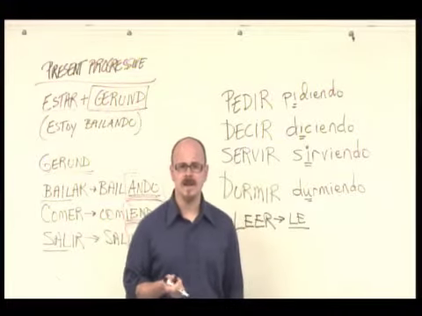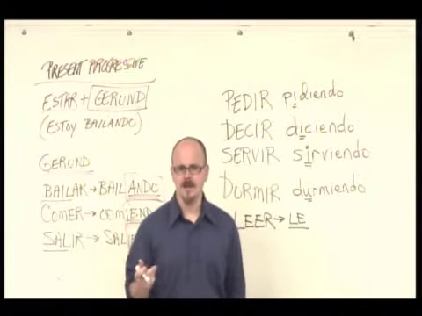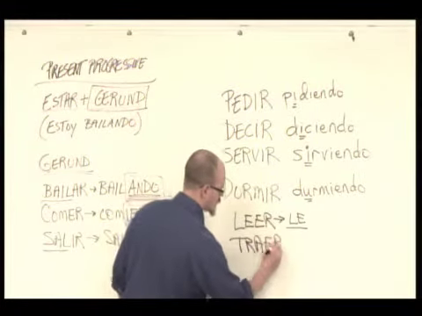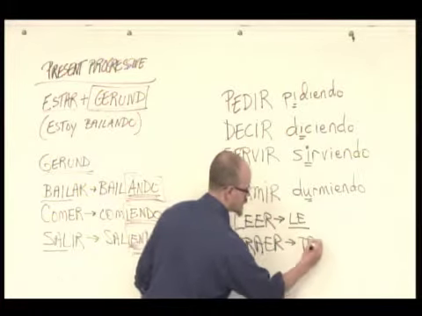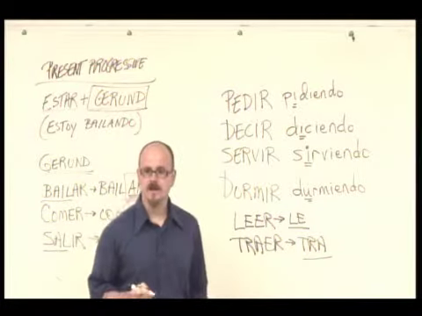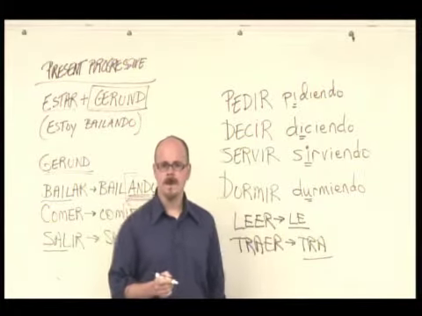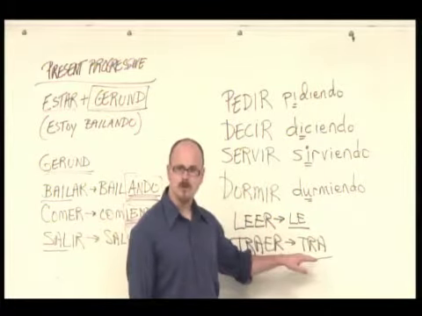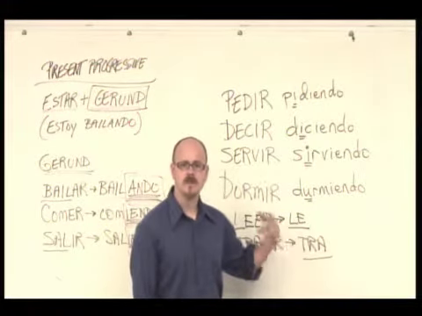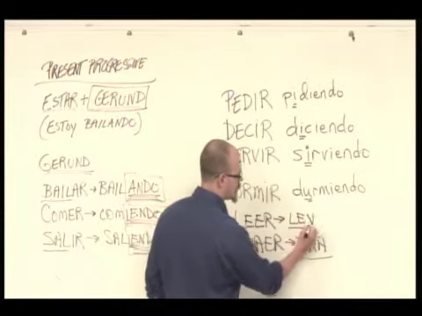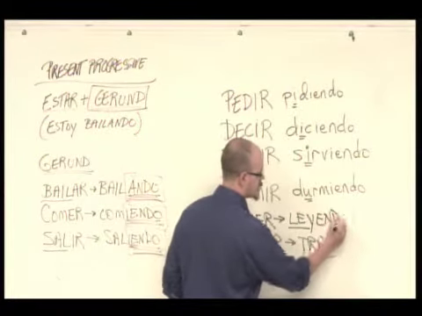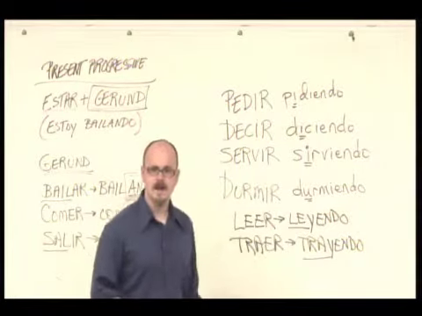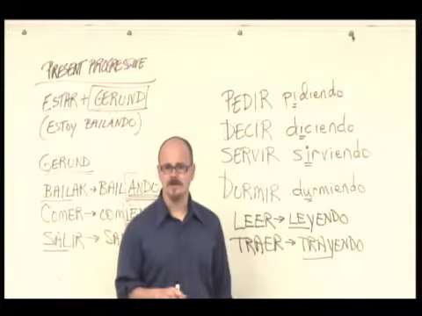And so it's annoying to say leiendo, or in the verb traer, whose root or stem would be tra, it's annoying to say traiendo. So in cases like that, so ER and IR verbs whose root or stem ends in a vowel, the I is going to change to a Y. And so we will say leyendo or trayendo instead of leiendo or traiendo.